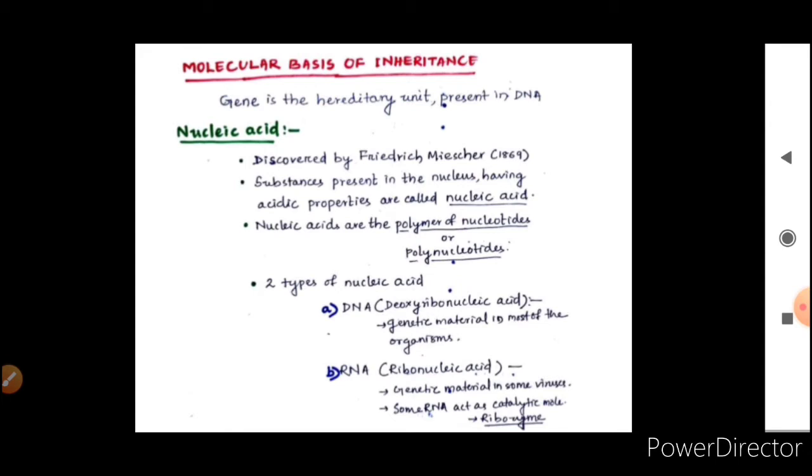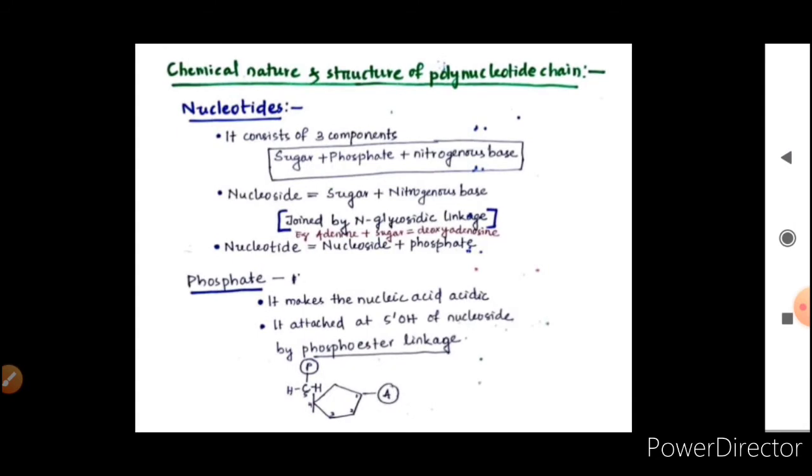Some RNA acts as a catalytic molecule, like the ribozyme. You have already learned about this in class 11th. Now the chemical nature and structure of a polynucleotide: a nucleotide consists of three components, that is sugar plus phosphate plus nitrogenous base. A nucleoside is nothing but sugar plus nitrogenous base.